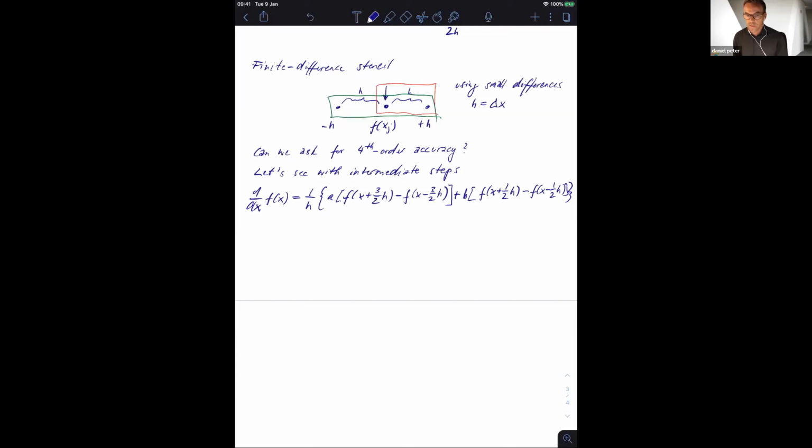Like adding a centered scheme with 3/2 of h and adding a centered scheme with 1/2 of h. Now the question is, what do we need for A and B to be in order to achieve a fourth order scheme? And that's basically an optimization problem. You try and find these two coefficients A and B such that it becomes a fourth order accurate scheme.